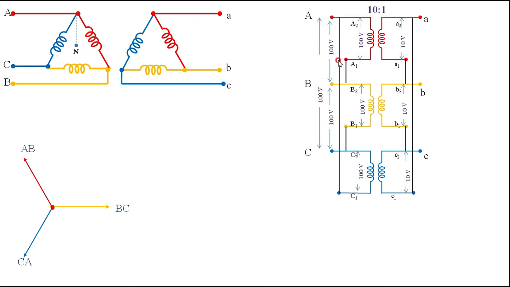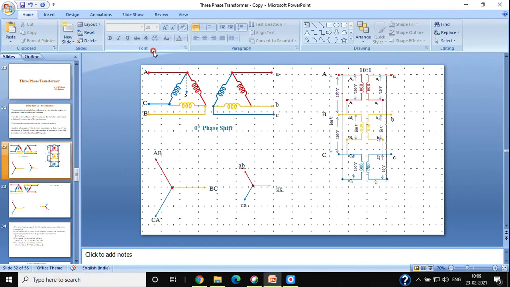Only the voltage ratio is reduced, 10:1, for the vectors in the secondary. That is, AB is in phase with this AB but with reduced magnitude because the ratio is 10:1. Then BC, then CA. This is the vector diagram for the delta-delta connection with zero phase shift, because both have the same connection. I will show you that also. This I am putting here.